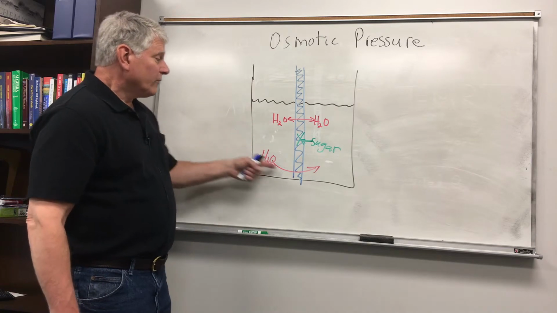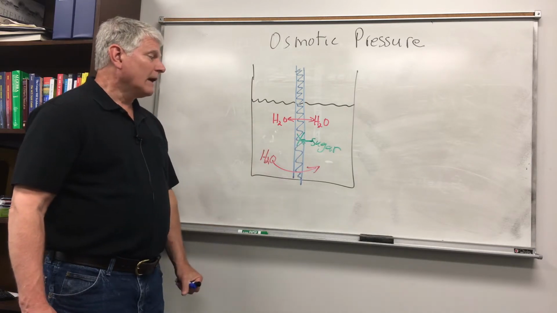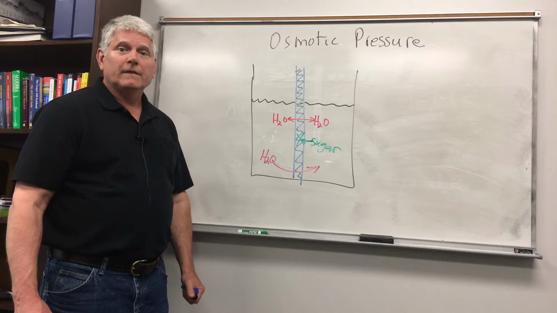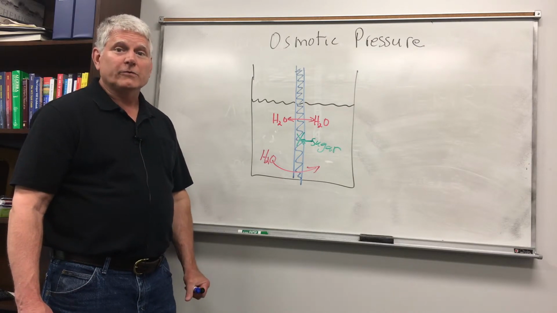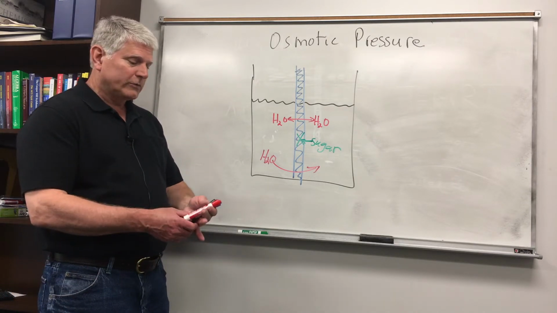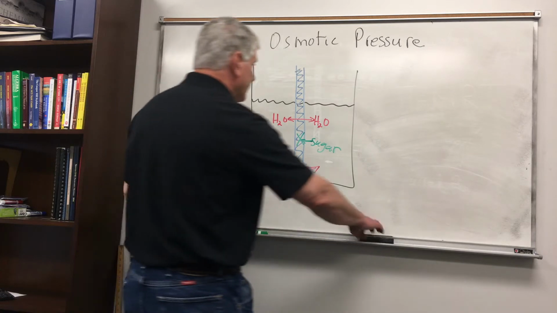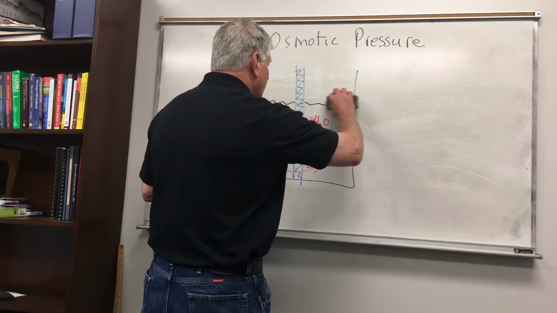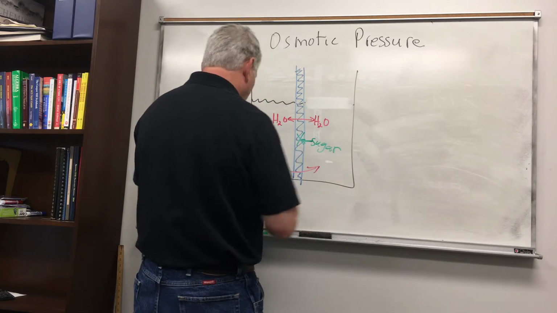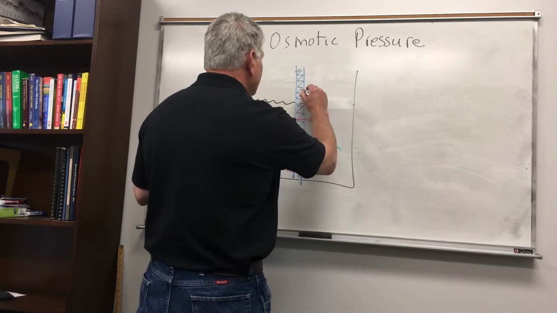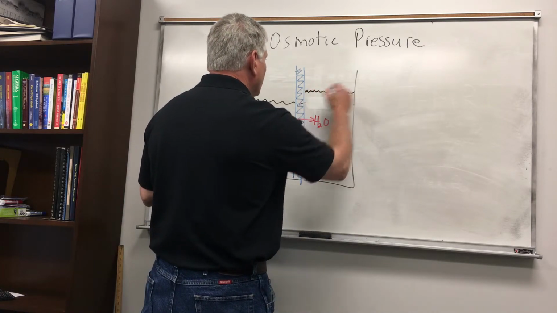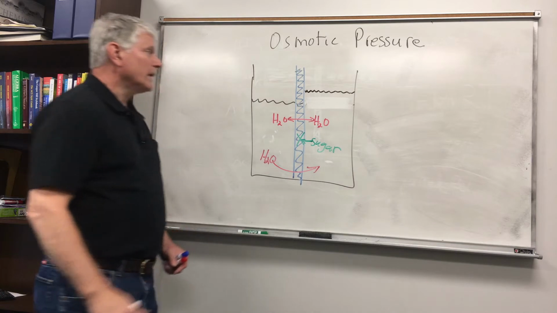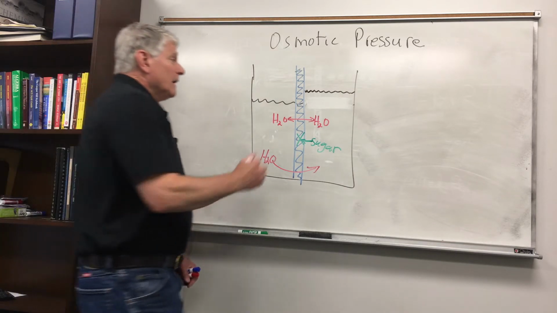And so water will flow to the right side until the osmotic pressure is reached, at which point the water will stop flowing. So what will happen is we'll have water flowing to the right side, so the water level on the right side will increase.